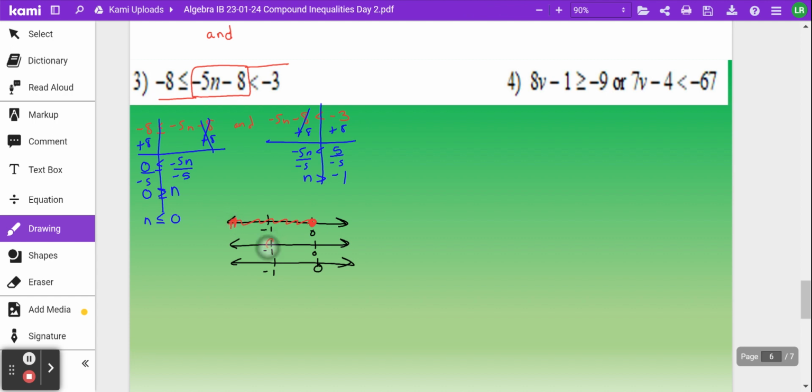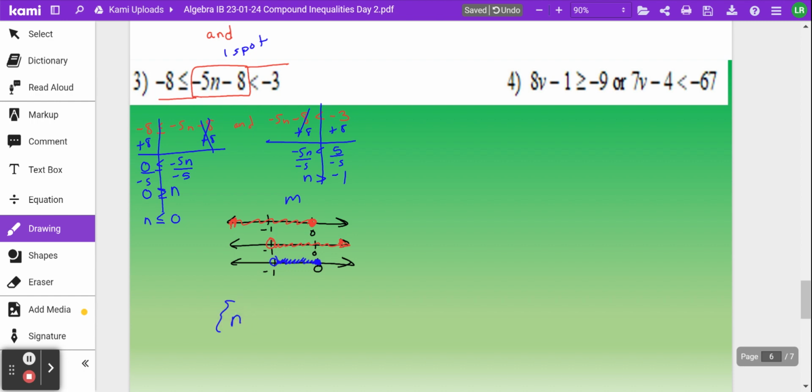Open dot on -1, going right. And on an and statement, we're looking for one spot because it's an and statement. So I would just shade the middle part. Make sure we're putting the appropriate dots on our 2 spots.